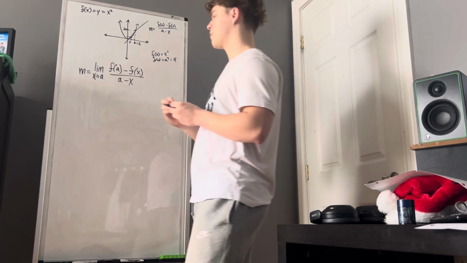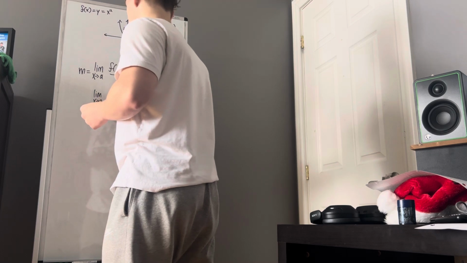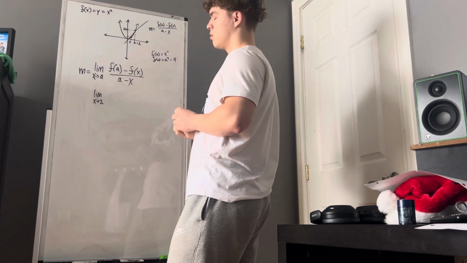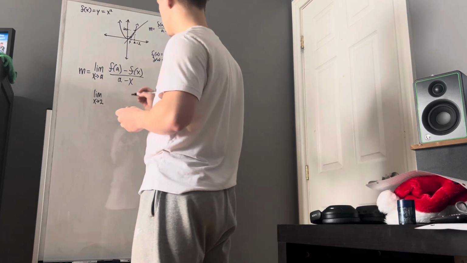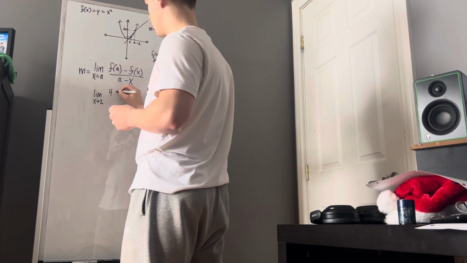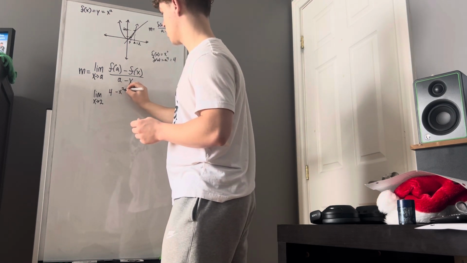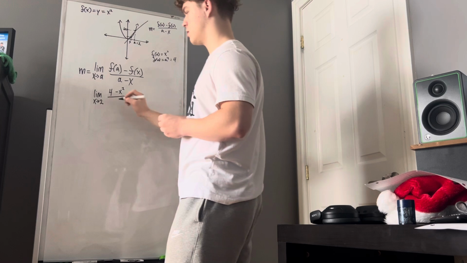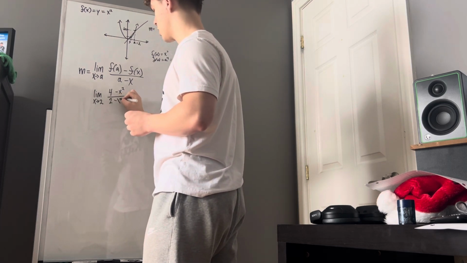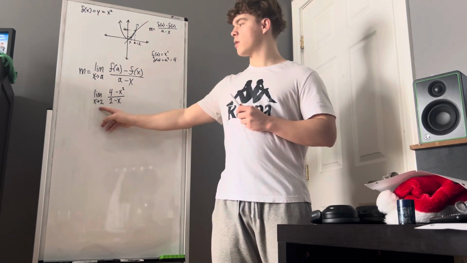So we've got the limit as x approaches 2 of 4 minus f of x, which is x squared, over a, which is 2 minus x. So this is our slope at 2.